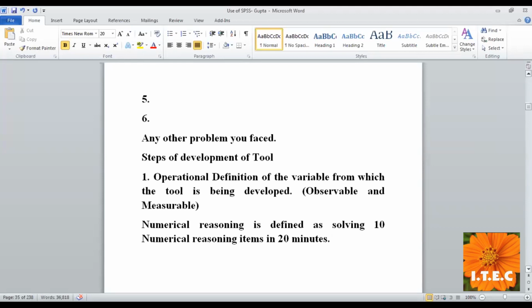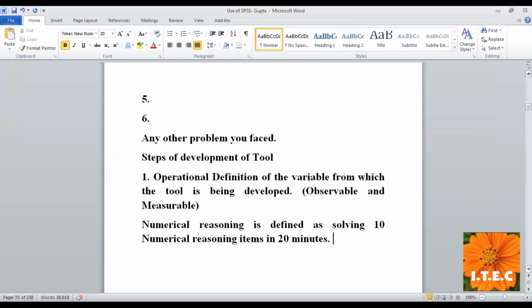And these operational definitions you can see from the dictionary, you can see from the books on psychology or other subjects, and then you can coin your own definition. You can even type in Google and ask, how do we define it? So Google can also give you the definition. You may stick to that definition or you may not stick. It is all up to you.